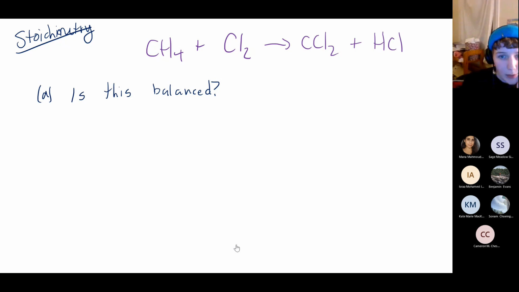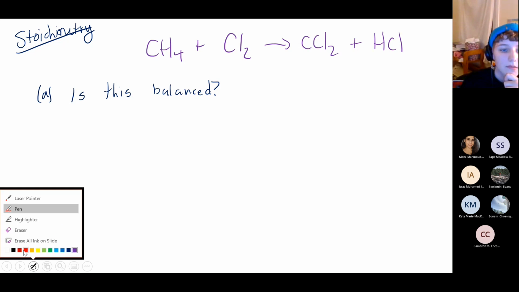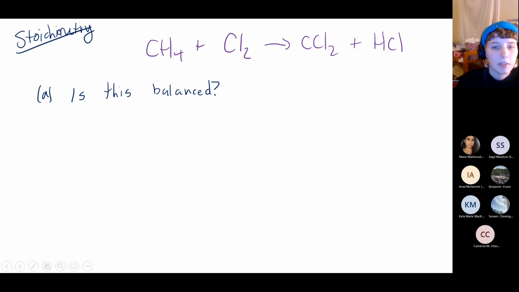Okay, now we can balance this one. Make sure I wrote it all correctly. Yes. Everything is good. No, this should be 4. There we go. Sorry about that, guys. Who would have thunk? Okay. So now let's see here. We have our carbon.